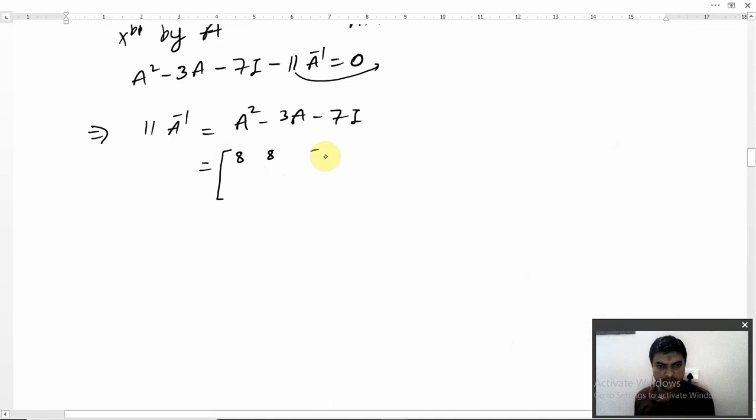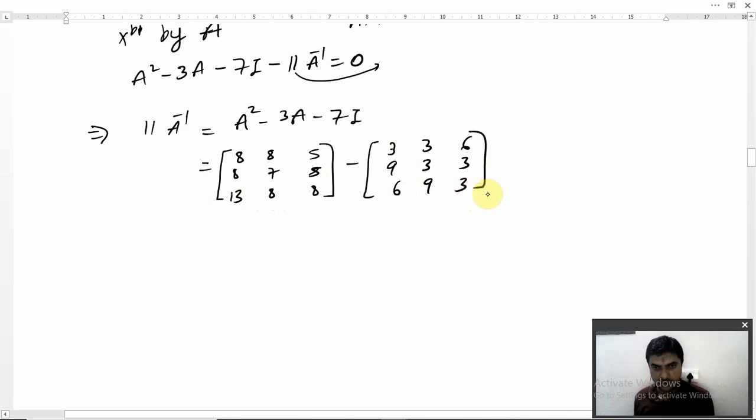It is 8 8 5, 8 7 5 8, and this is 13 8 8, then minus 3 3 6, 3 9 3 3, 6 9 3, minus 7 into identity, which is only diagonal 1, so 7 0 0, 0 7 0, 0 0 7. You can directly use the calculator.